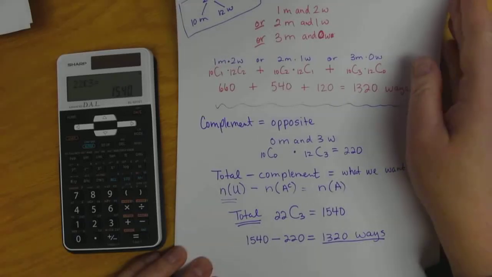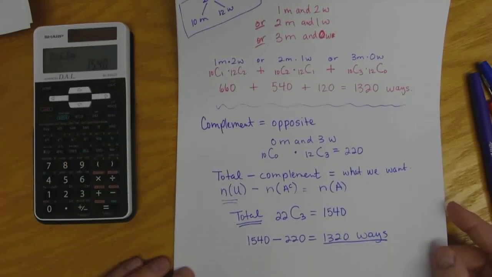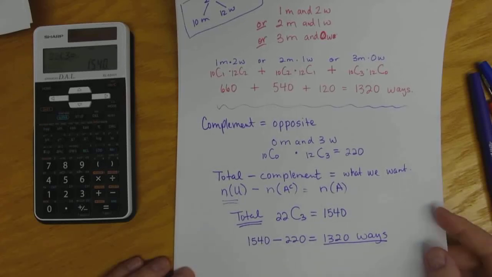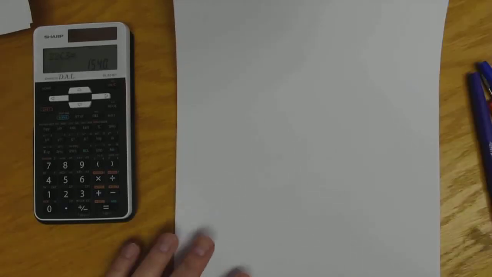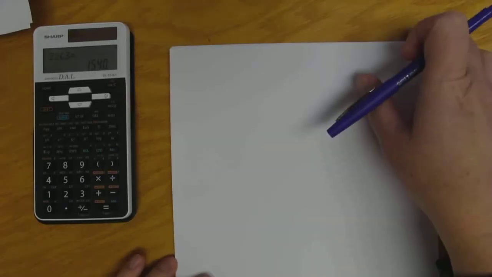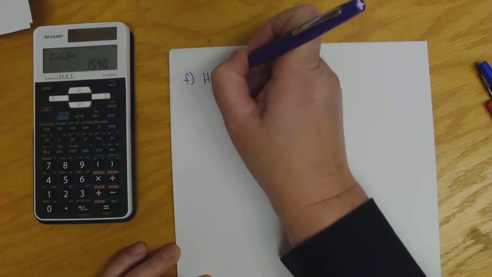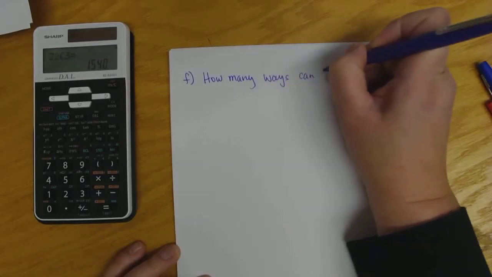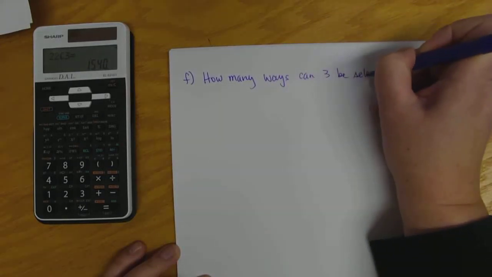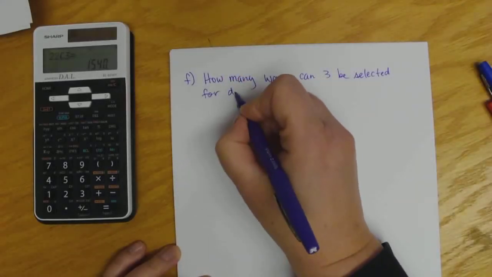Okay, so one more example along this line. So that's E. Oh, I guess I have 2 more. Okay, so the next one. Oh, interesting. How many ways can 3 be selected for different jobs?